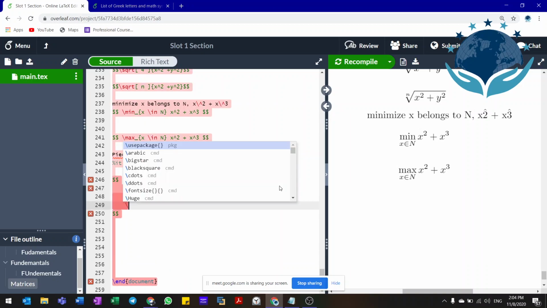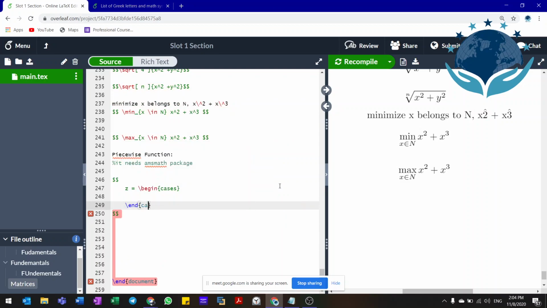Inside the begin cases you can give two things: one if x is equal to 1 or x is equal to 0, let's say, and 0 elsewhere. So this is what I have to print.